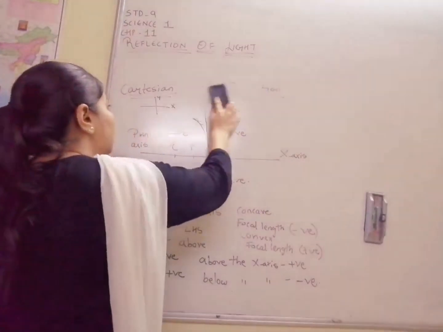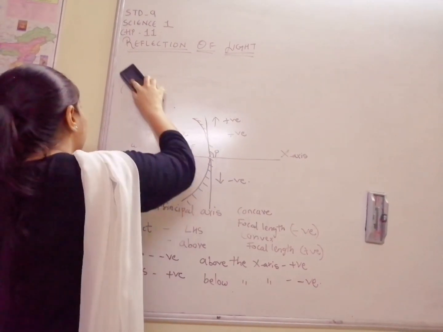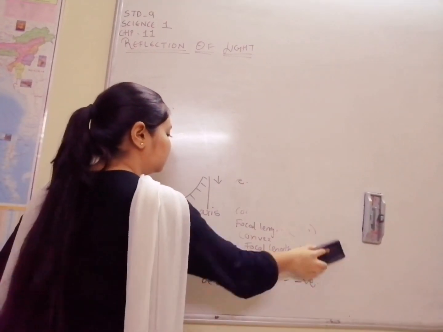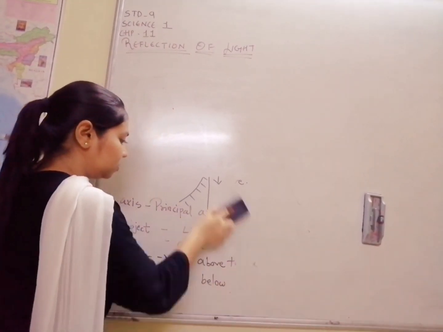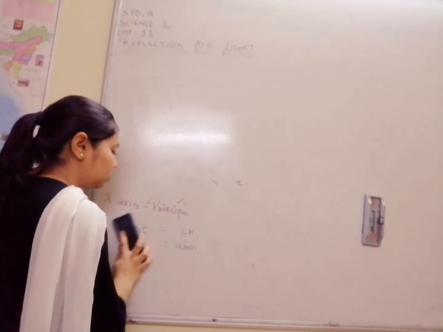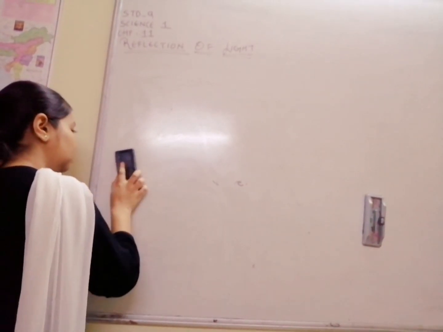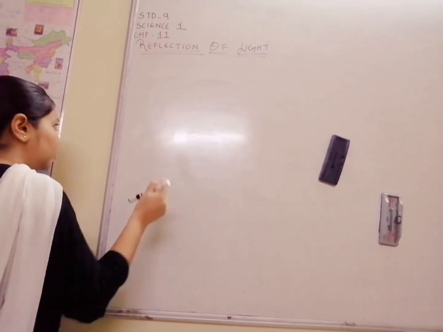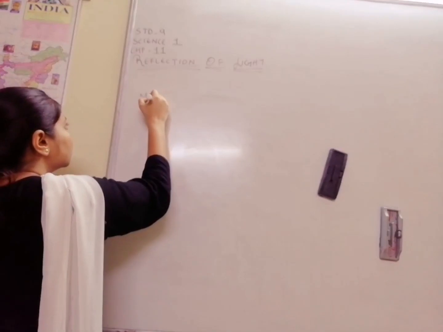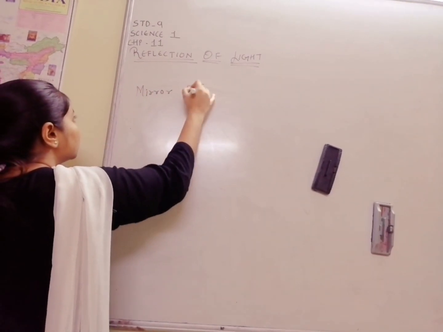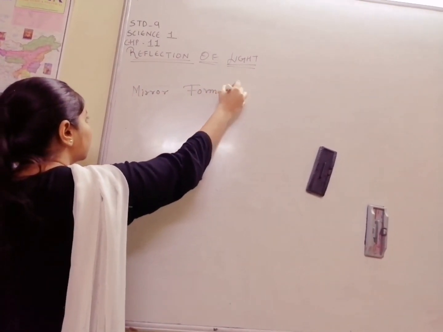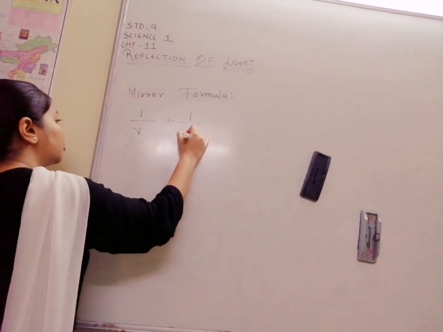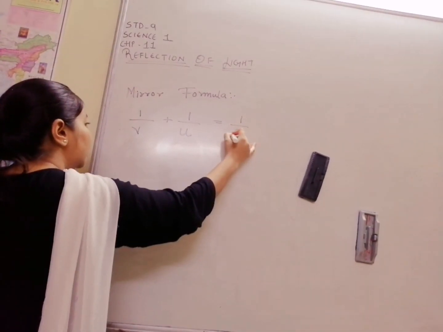Now moving on to the next and important part, the mirror formula. Okay, what is the mirror formula? 1 upon v plus 1 upon u is 1 upon f.